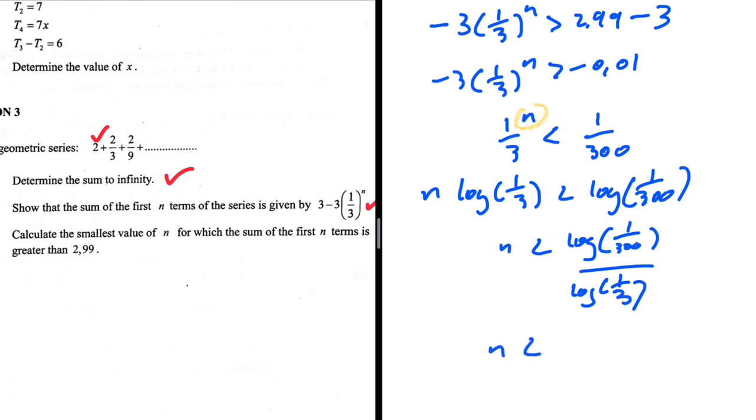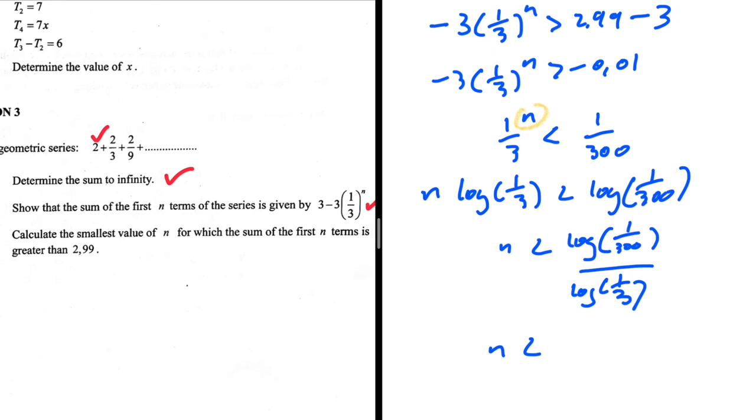Okay, so let's take a look. Log of 1 over 300 divided by log of 1 over 3. Let's see.